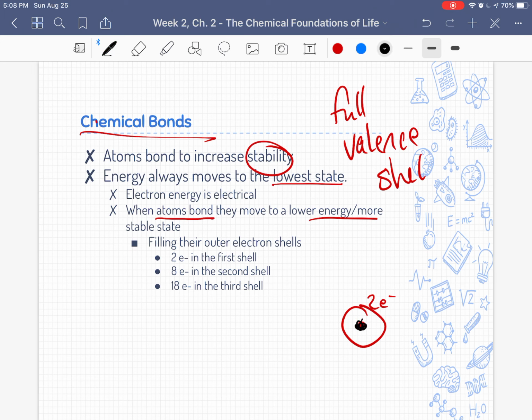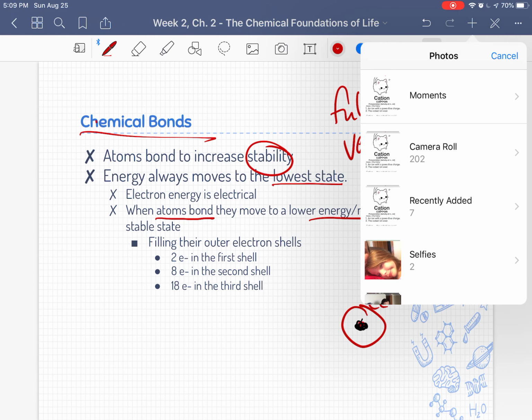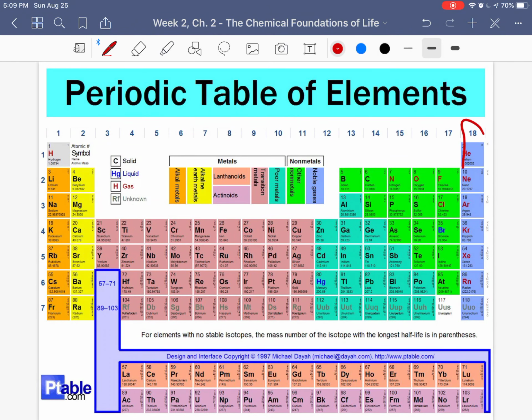That first electron shell will contain 2 electrons, and for atoms such as helium, that makes a full valence shell. Helium is not a very reactive element. When you look at the periodic table, helium is in the group called the noble gases.